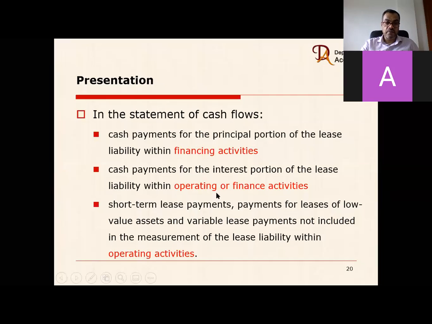It is the recommendation given by the accounting standards. But with respect to lease payments for low value, and variable lease payments not included in the measurement of lease liability, in other words, in a situation where the right of use asset is not recognized, those payments should be recognized as operating activities.